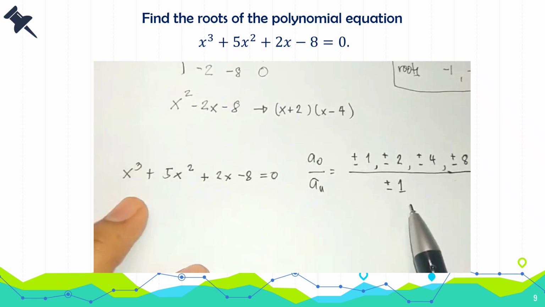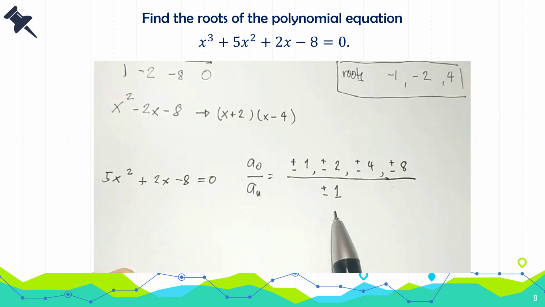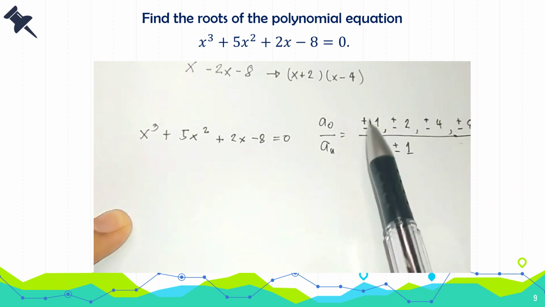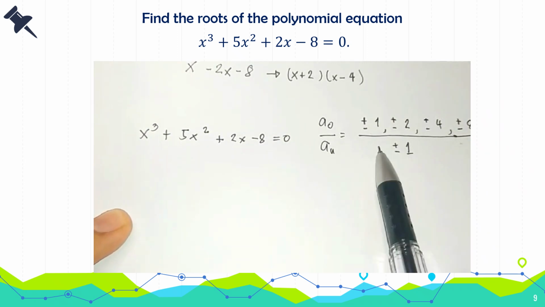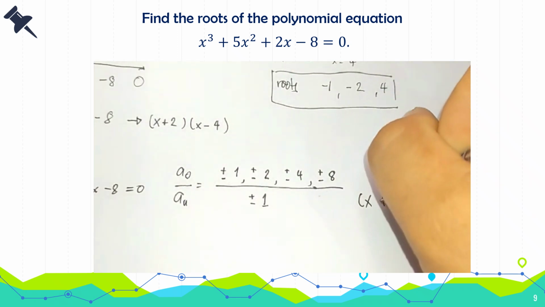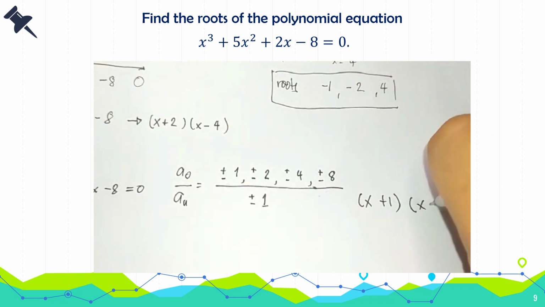And for the factors of our leading coefficient, that is 1, we will have plus or minus 1. Again, we will start with the lowest value to test if it is a factor of this given polynomial. So the lowest factors here will be x plus 1 and x minus 1.